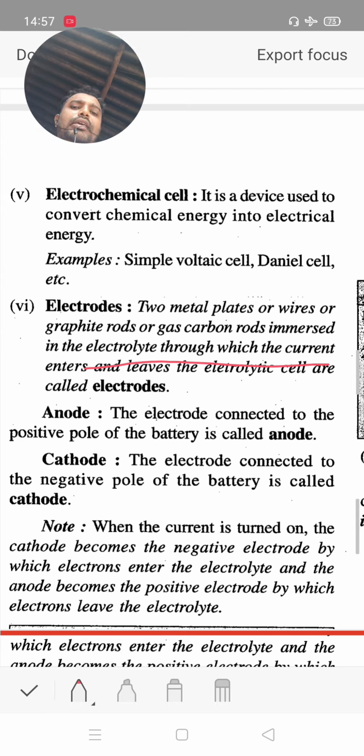Both are immersed in the electrolyte, through which current enters and leaves the electrolytic cell. Then it is called an electrode.